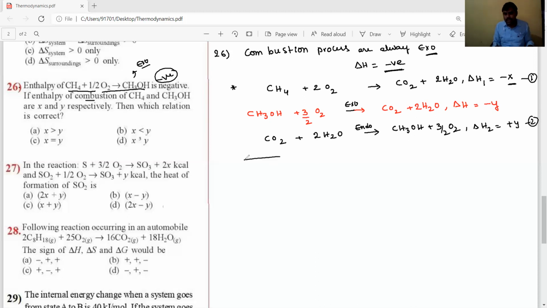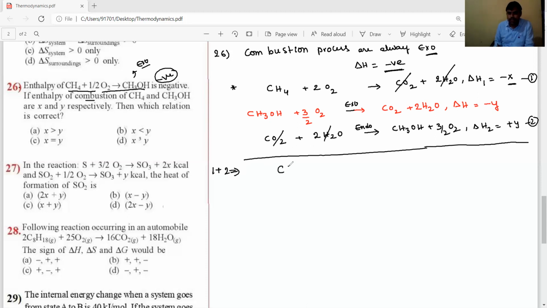Now let's see, you have to add equations 1 and 2. Doing 1 plus 2 means this CO2 and this CO2 will cancel, and 2H2O and 2H2O will cancel.